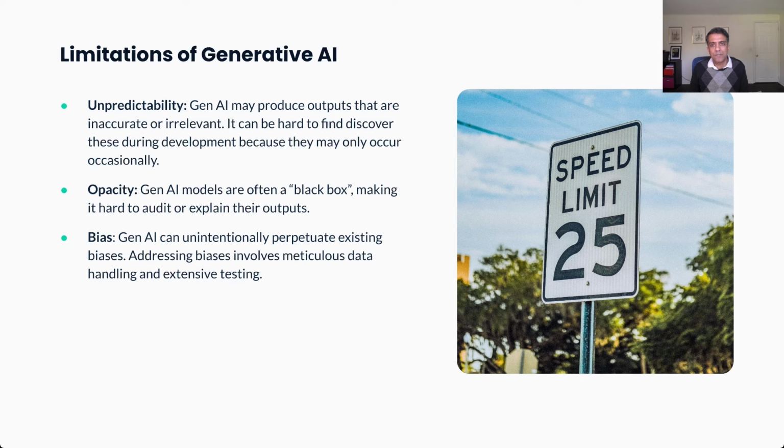And then, because these models are trained on the public internet, there's the potential for perpetuating biases. And you need to manage all of these factors carefully. It's essential that as you're designing your features or products, you keep in mind these limitations and have proactive measures to address them.